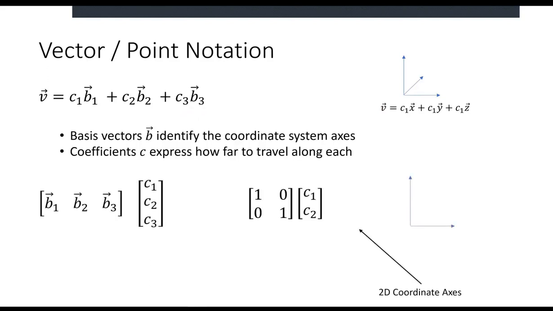And I can represent that as a matrix multiplication, or in this case, a vector multiplication. So I could put my axes here, and I can put my coefficients here, and these two notations are equivalent, right? Because when I do the multiplication, I get B1C1 plus B2C2 plus B3C3.